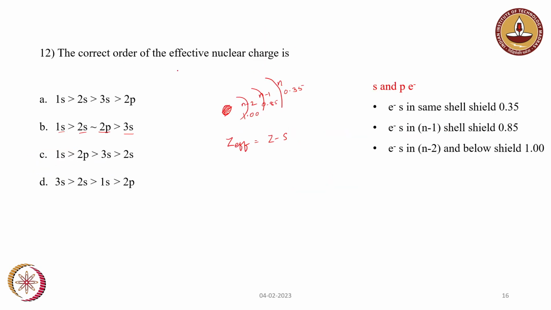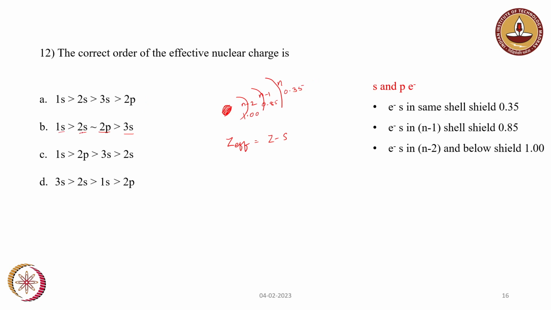And the next question is the order of effective nuclear charge. When we move away from the nucleus, the effective nuclear charge will be decreasing. So 1s, which is closest to the nucleus, will have the highest.